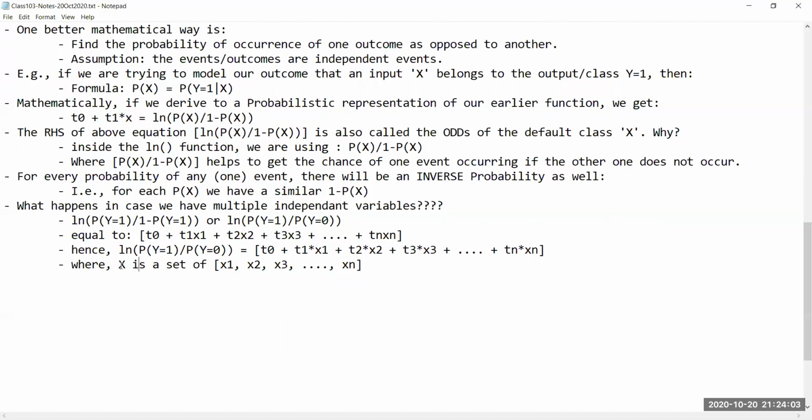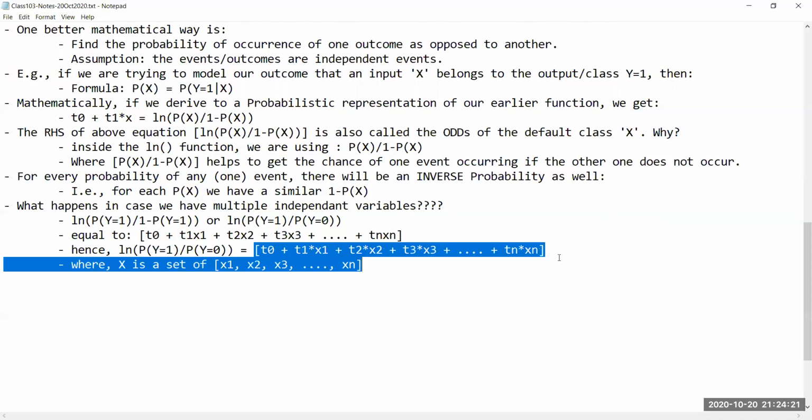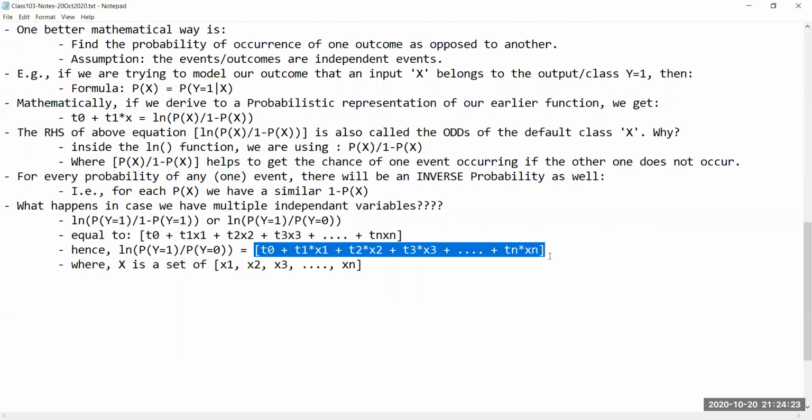And then I can try to find the probability of x equal to one value and try to find the probability of x which is not equal to that value, or the reverse value. And this concept I represent as the odds of the default class. If I'm able to calculate that and take a natural log, I'm also able to represent that as this formula.